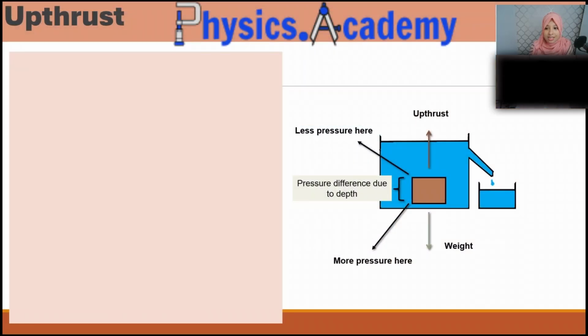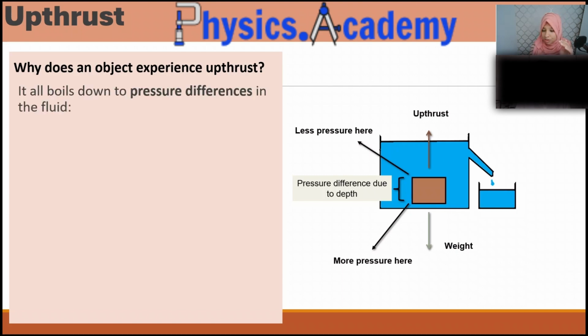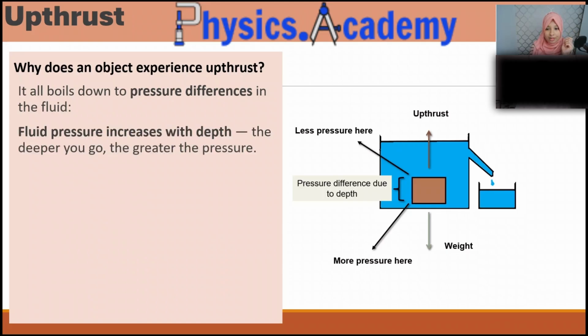The reason why there is this upthrust force is the pressure difference that you have when you submerge this object in the fluid. So if you look at the container itself, and look at the levels of the top of the box and the bottom of the box, which one is deeper? Is the bottom of the box deeper in the container or the top of the box?